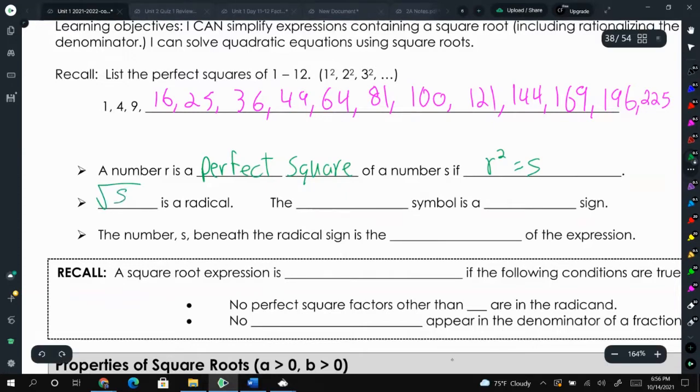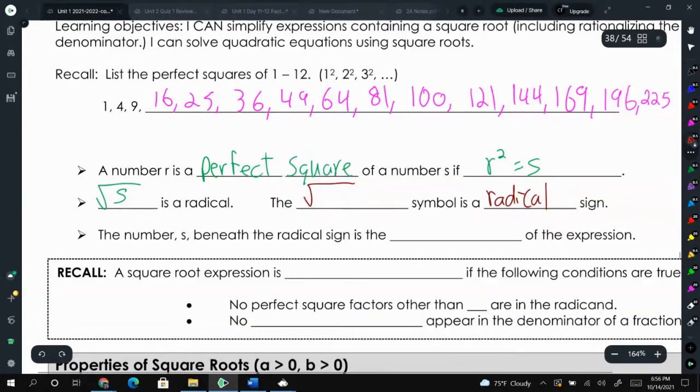This is an example of a radical. The square root of S would be that. This symbol right here is a radical sign, and there are more roots than the square root. We have third roots, fourth roots, eighth roots, and so on, and they all use the same symbol, but they'll have numbers written here, like that would be the third root.